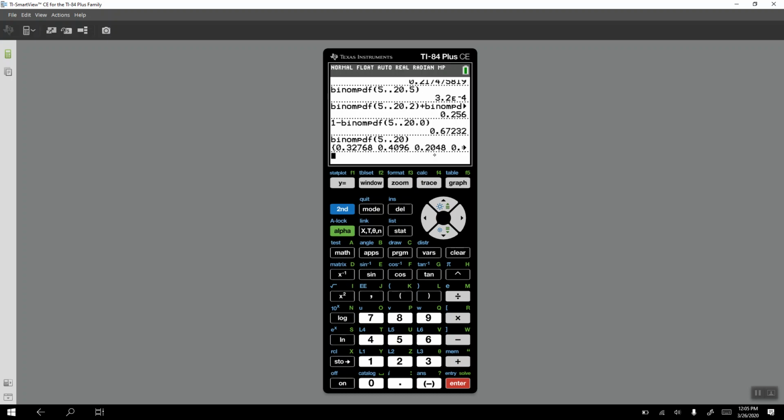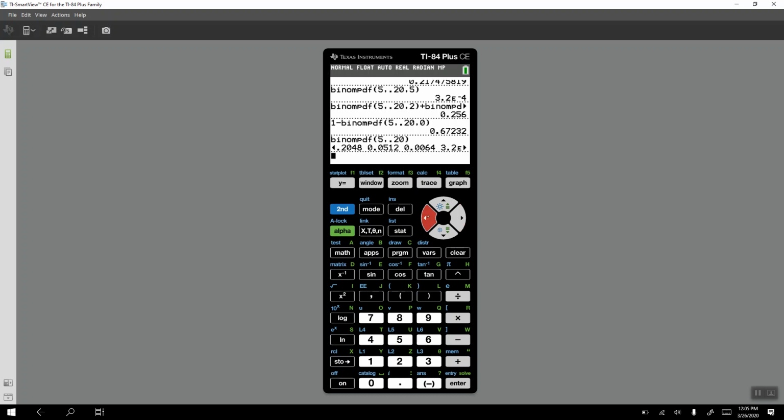The next one is 0.2048. If you tab over to the right, you'll be able to see all of the ones that follow, all the way to the last one, 3.2 e to the negative 4. Remember, we don't want it in scientific notation.